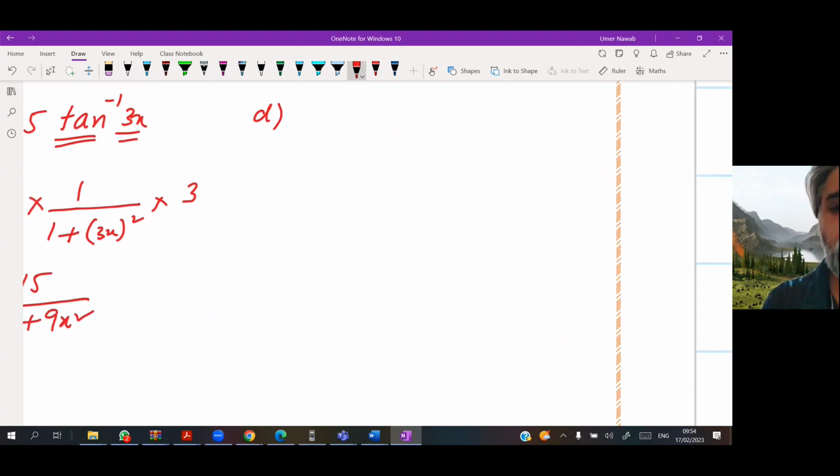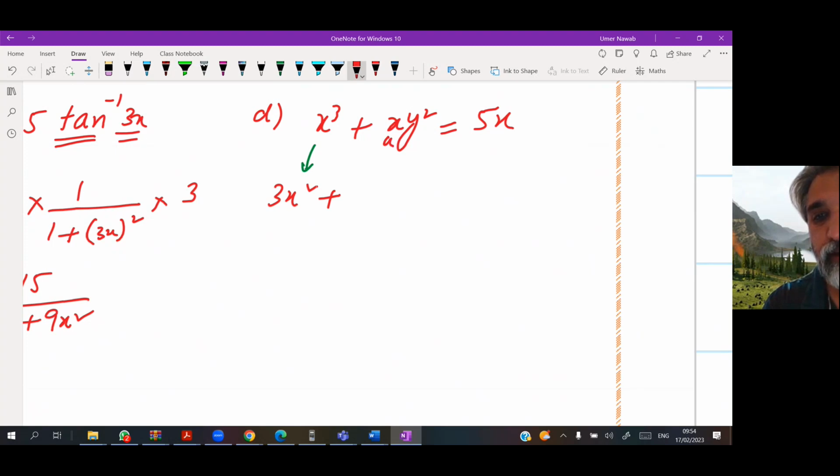We got to go to the D part, which is x cubed plus xy squared is equal to 5x. Now the derivative of x cubed is 3x squared. Here is the UV method. Don't forget, you have to apply the UV method. What is the UV method?